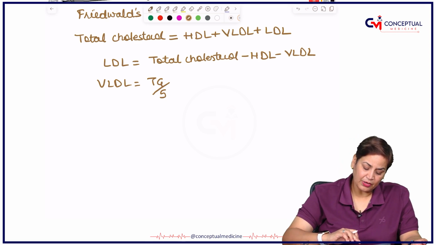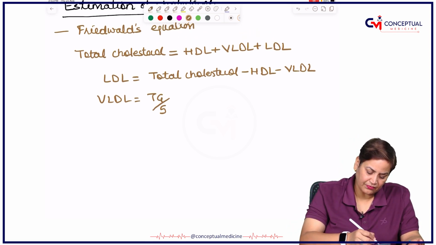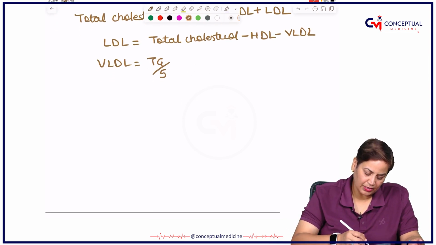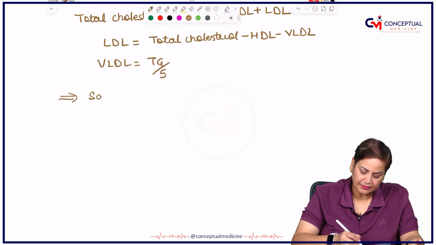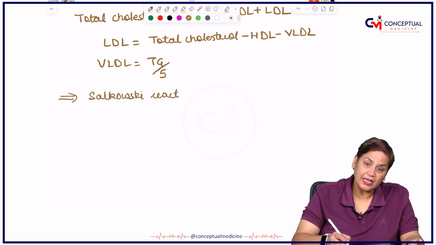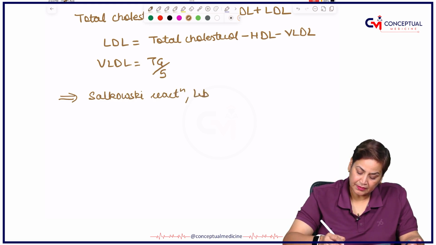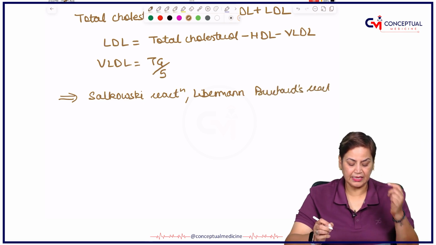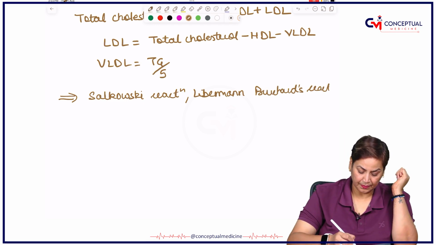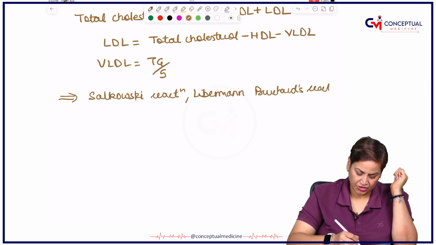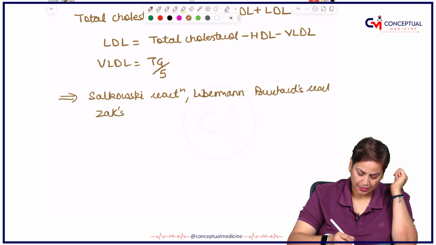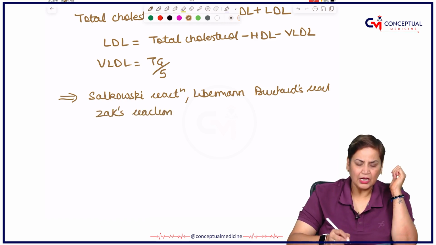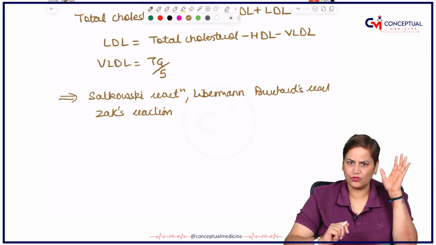Okay. Then we can determine cholesterol by the Liebermann-Burchard reaction, there is the Salkowski reaction, Kiliani's reaction, and there is the Zak reaction. Right. So this is how we estimate cholesterol.